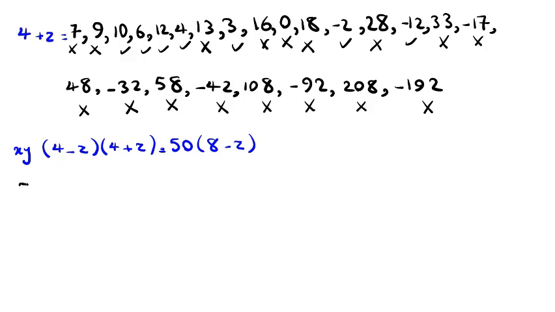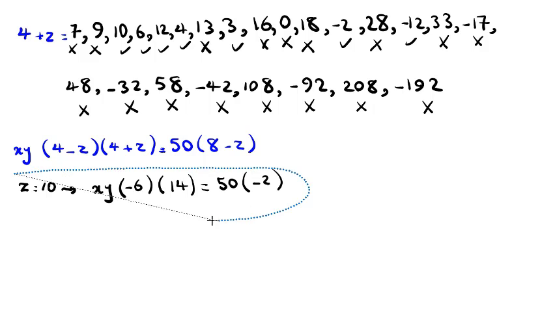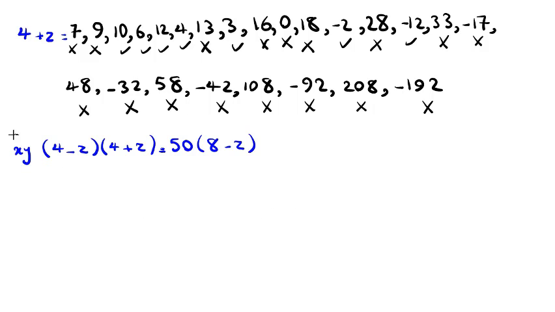So if z is 10, then we can say what? xy times 4 minus 10, negative 6. 4 plus 10, 14. It's 58 minus 10 will be negative 2. And, okay, sorry, let me correct it.